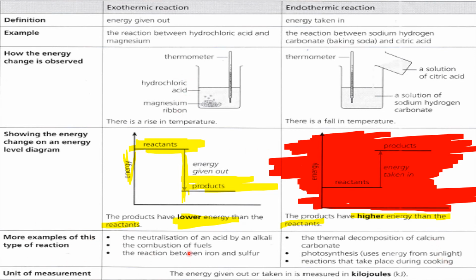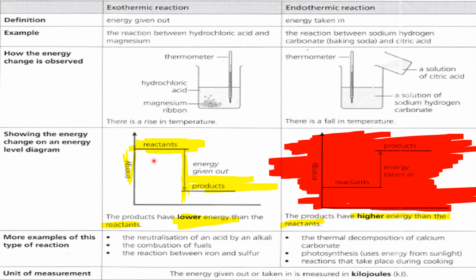Usually, guys, you need to memorize at least 2 examples. What is an example for exothermic? What is an example of endothermic? But the important thing is you need to memorize both of these diagrams, where you should put the product, where you should put the reactant, and don't forget to draw whether energy is given out or energy is taken in.